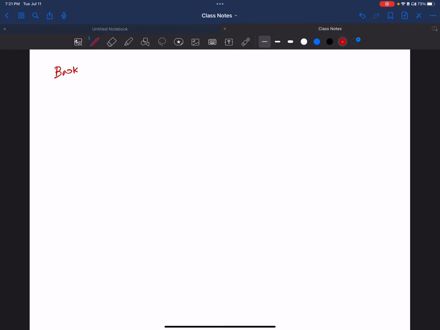Book problem 13. You have 2 to the power x plus 3 to the power x equals 4 to the power x. Prove that it has a solution.